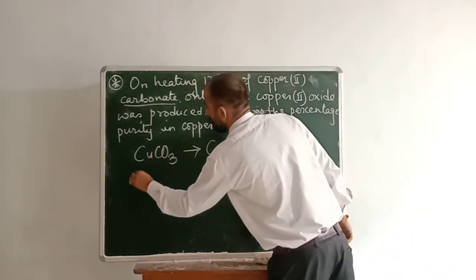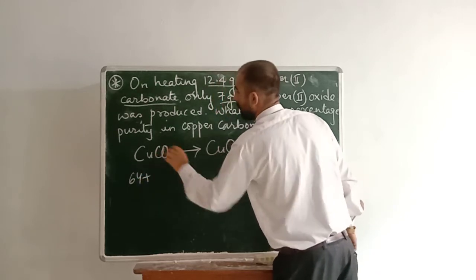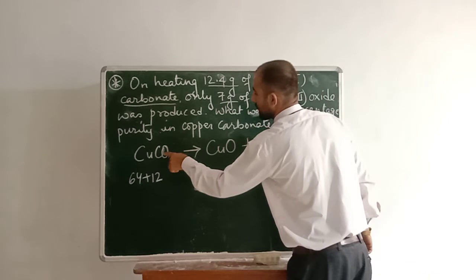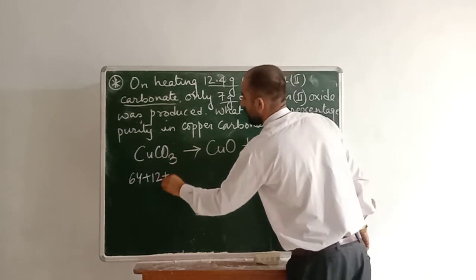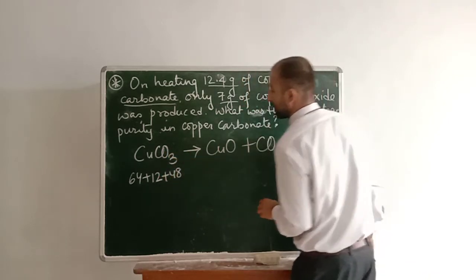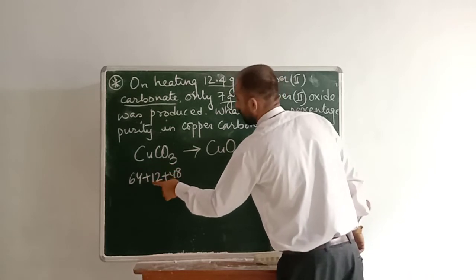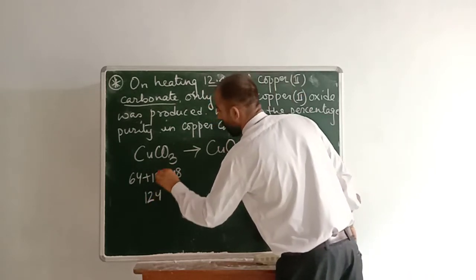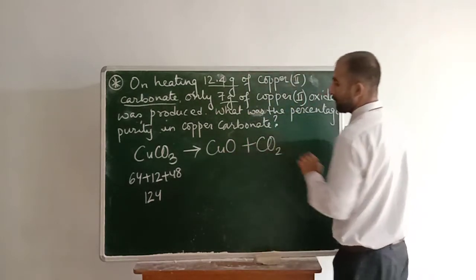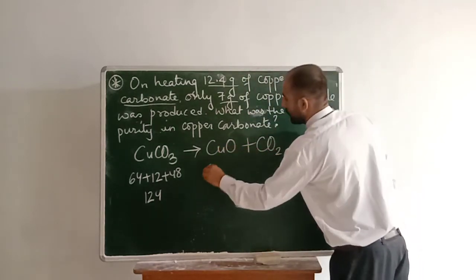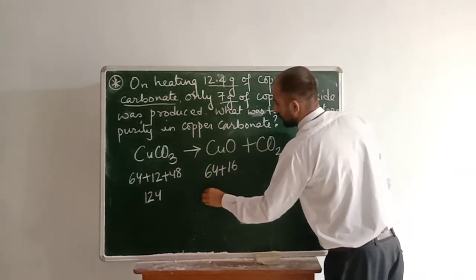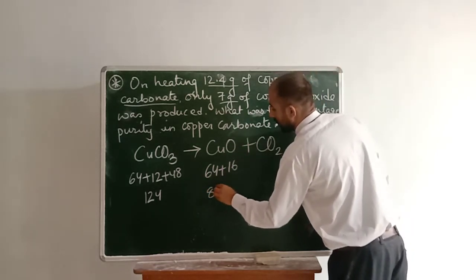Copper 64, carbon 12, oxygen 16 into 3, that is 48. That means 64 plus 12 plus 48, total 124. Now let's go for copper oxide. Copper 64, oxygen 16, that is 80.